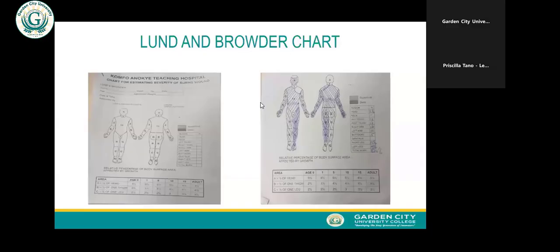And so you realize that on the other side of the chart, right or left, depending on how you are seeing it, we have a graph where we have the superficial burns and the deep burns as well, and they have been shaded accordingly.